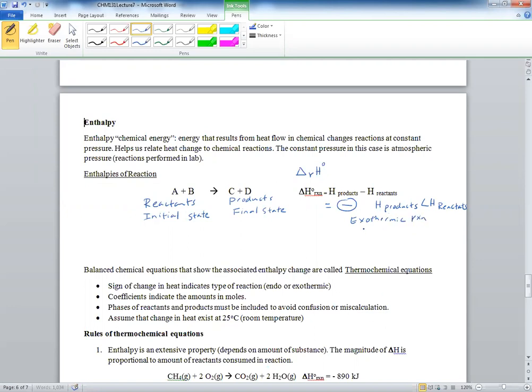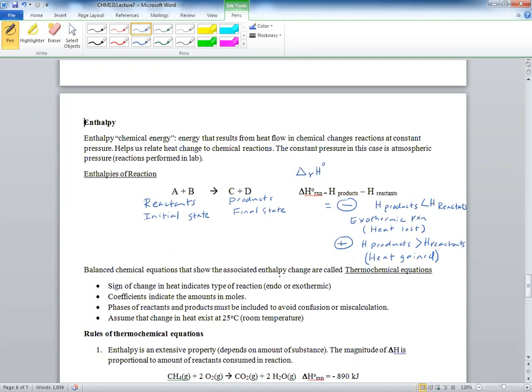Once again, it means heat is lost. If we get a positive, then this could only mean the reverse. The H of the products is greater than the H of the reactants, which means heat is gained. Of course, we're talking about the system.